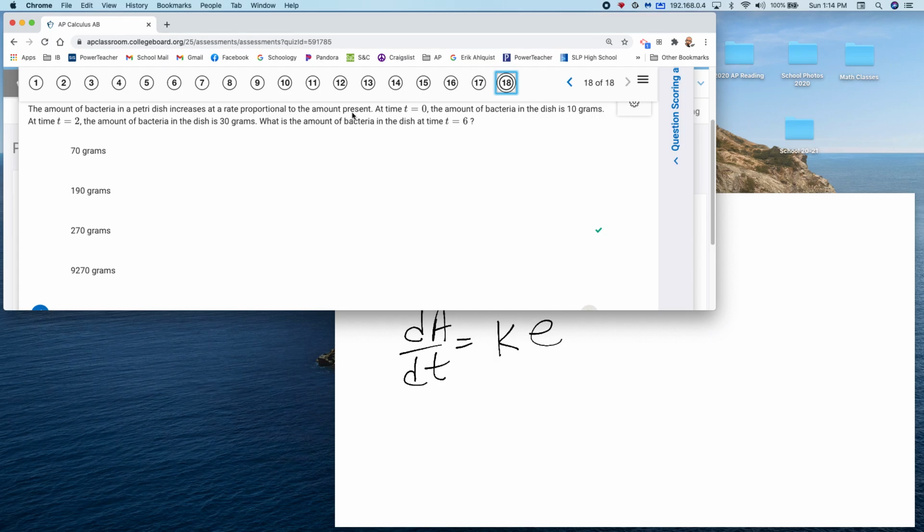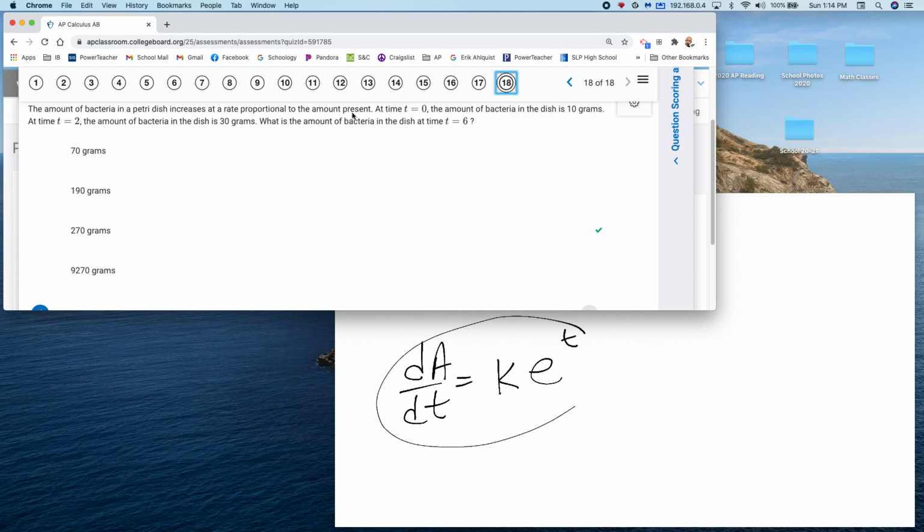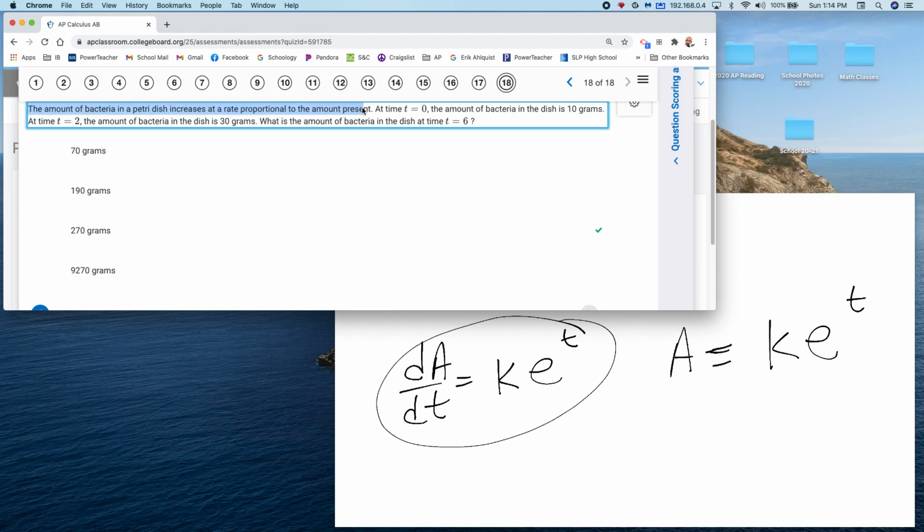So this is the kind of equation that you have to realize, which means the amount is equal to K times e to the t. I haven't seen a lot of these questions on the last few AP exams, but you have to realize that when they give you this tagline, it comes from this equation. And then you have to go through and calculate stuff.